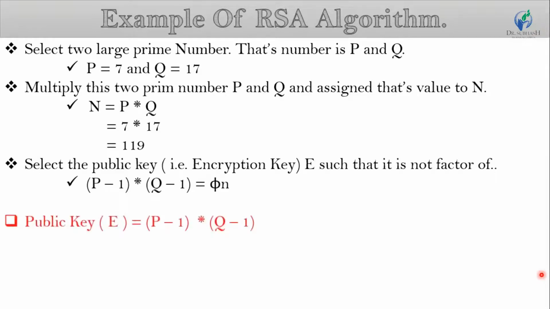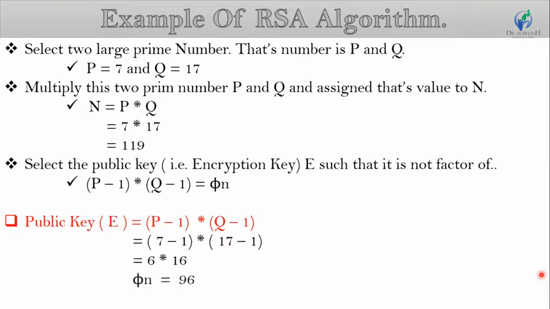Now, we put the values of P and Q in this equation. So, that's 7 minus 1 multiplied by 17 minus 1. So, it's 6 multiplied by 16. So, the value of phi of n is equal to 96.